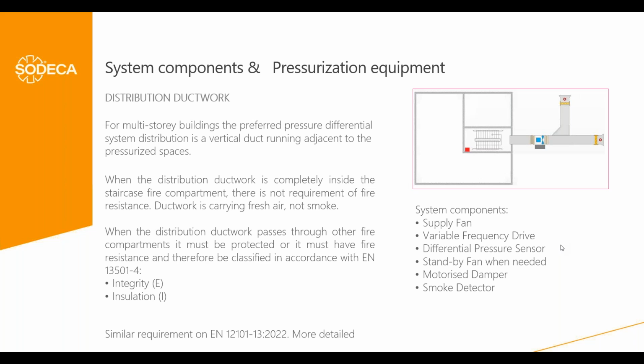But when the distribution ducts pass through other fire compartments, they must be protected, or must have a fire resistance and therefore be classified in accordance with EN 13501 part 4 regarding integrity and insulation. Okay, so we have both of these in part 6 and in part 30.